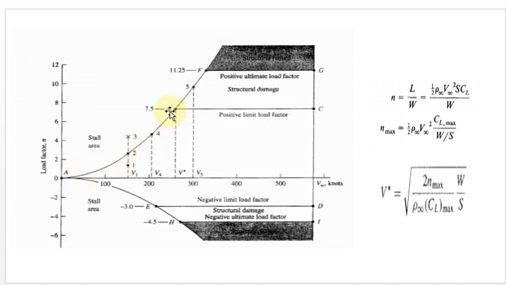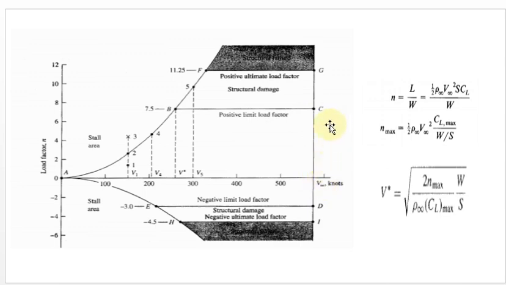Then consider the straight line B to C, called the positive limit load factor line. Then the line C to D is called the maximum velocity line, the positive maximum velocity line, and likewise for the negative maximum velocity line.